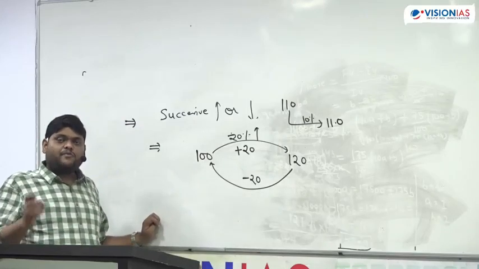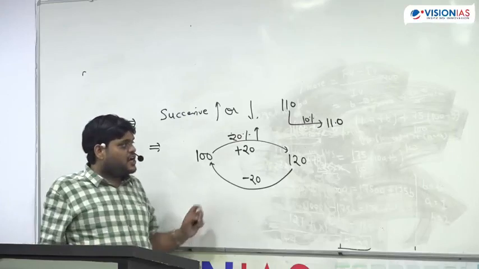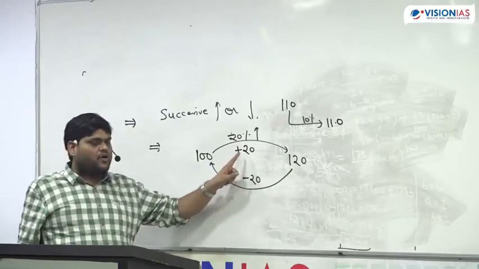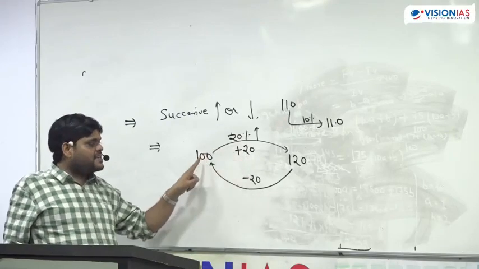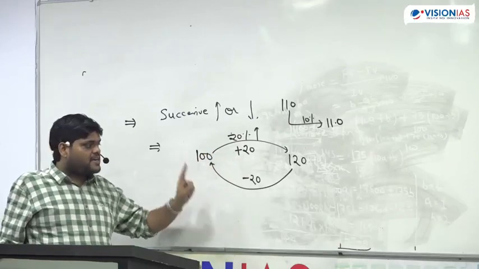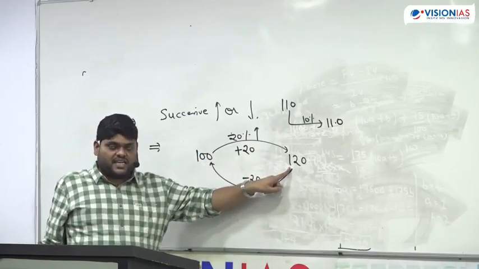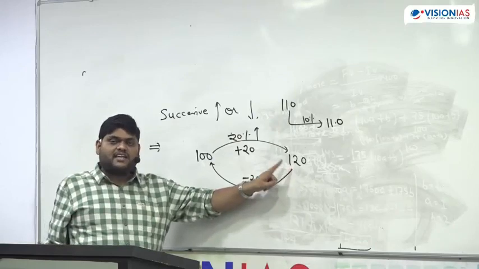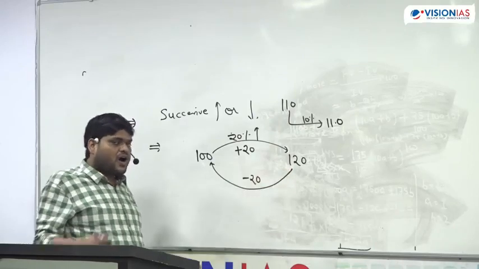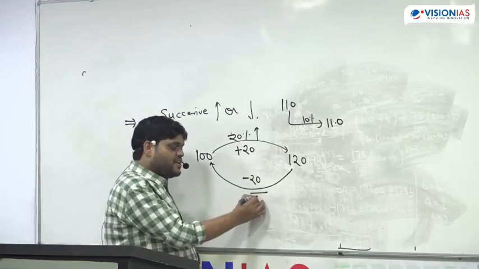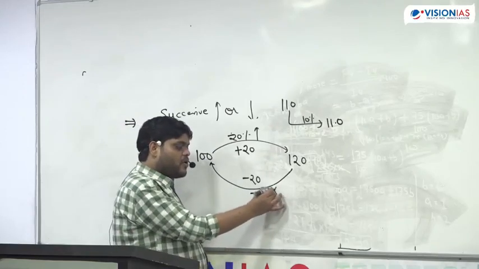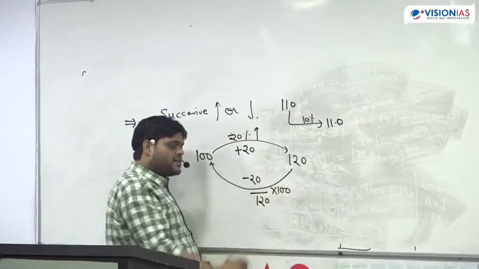But if we find out the percentage, initially we were finding 20 increment on 100, but now the 20 decrement is on 120. So how much are we decreasing? We are decreasing 20 upon 120 into 100.